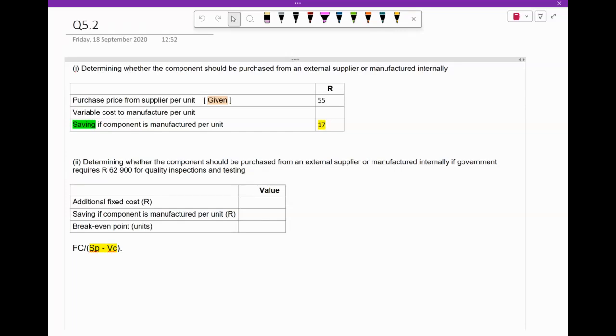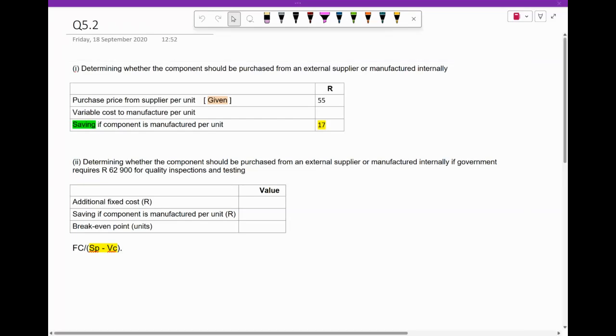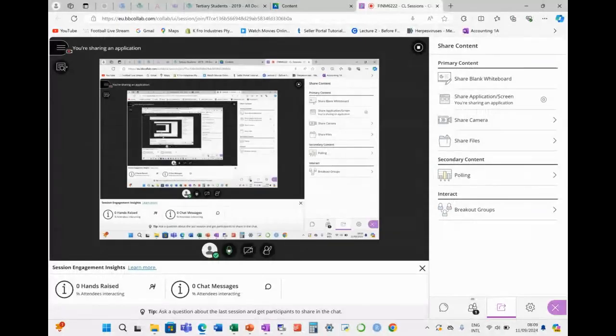So, question 5.2. Under the required it says, for each of the scenarios below, determine whether the component should be purchased from an external supplier or manufactured internally. Okay? So remember, learning unit 5 is called relevant costing.